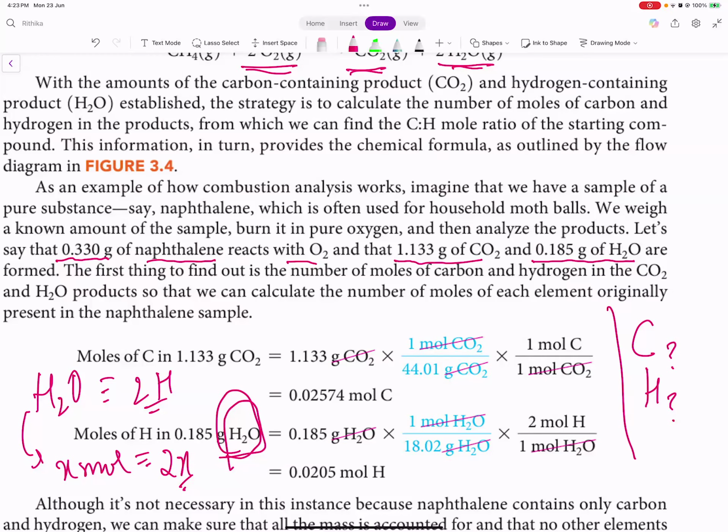After that, we multiply that by 2, because the moles of hydrogen will be double the moles of water, right?